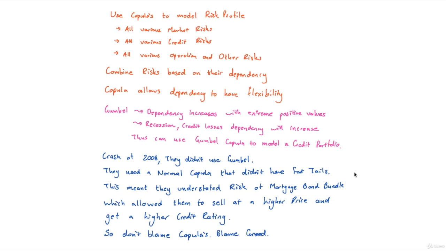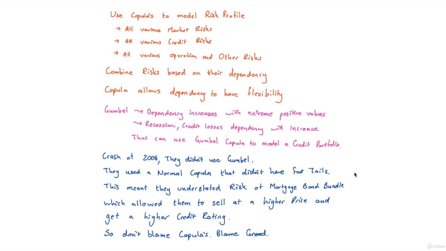Whereas if you use the normal copula, it will allow you to understate risk of these securitizations and these very highly complicated financial instruments. And because you've understated risk, you can get a higher credit rating. Because you have a higher credit rating, you can offer a lower return. And how you get away with offering a lower return is by selling something at a higher price.